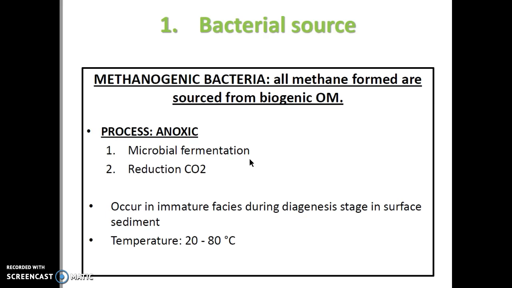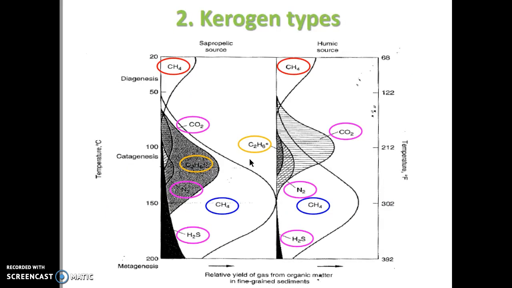This methanogenic bacteria will prefer to utilize the lighter hydrogen rather than heavy hydrogen, and as a consequence, methane formed from the bacteria source by this process will be very deficient in deuterium.